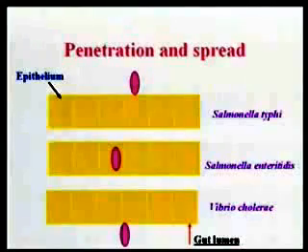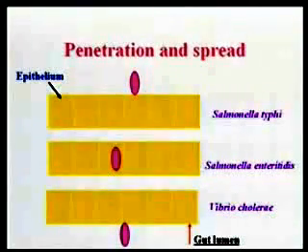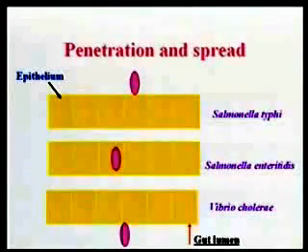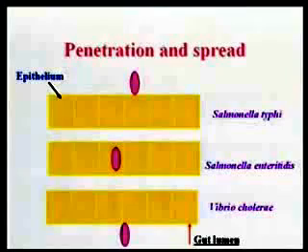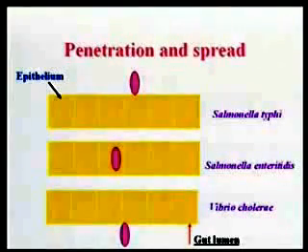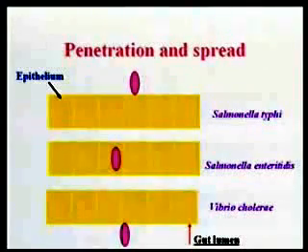Some organisms actually are in the gut lumen. They're along with all the food and other enzymes and what have you, and they're perfectly happy in that garnish. But they don't go any further. They stay on the surface of the intestine. Other organisms will actually get into the epithelium.